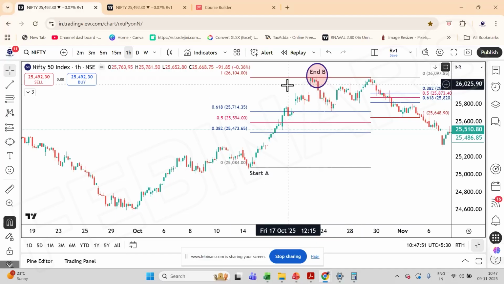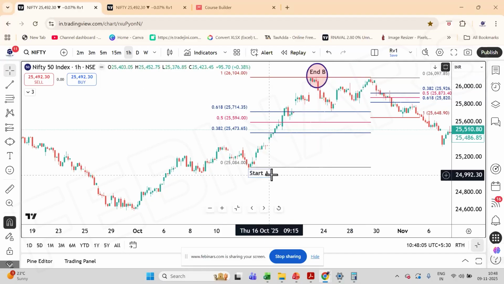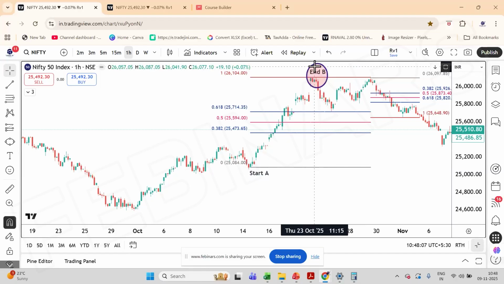So this is what has happened after a price range bound consolidation, and the supply zone was created with a hammer shooting star, and then a long bearish candle reversal has occurred. So starting point to ending point we are drawing a Fibonacci, and the retracement has been towards the golden ratio, that is 61.8.